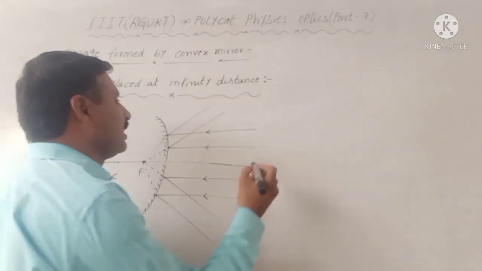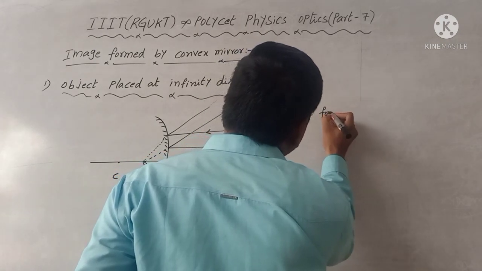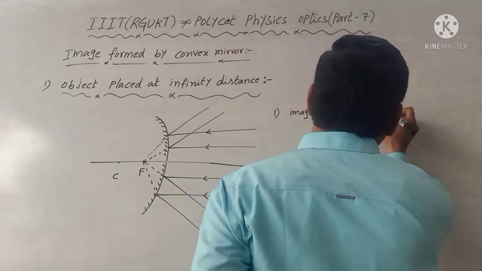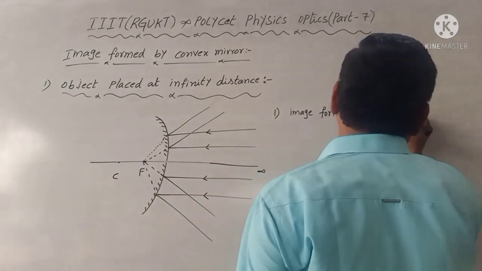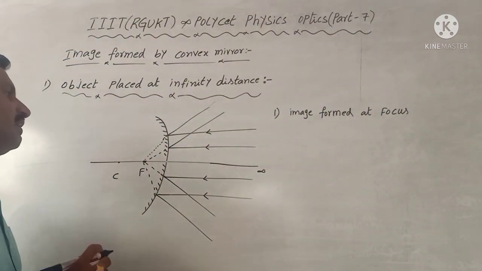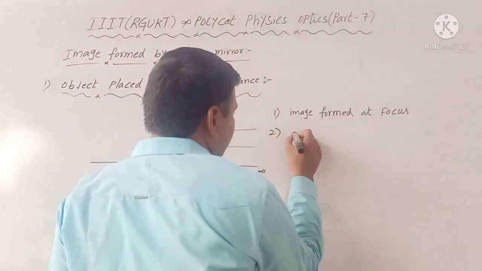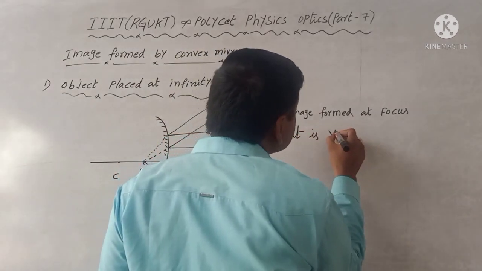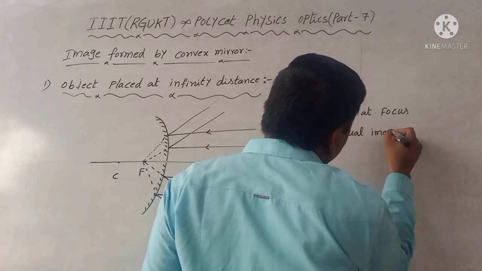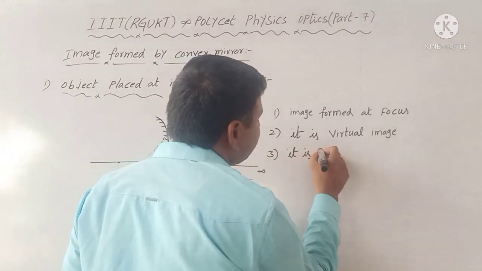So the image is formed. Where is the image formed? Image formed at the focus. Next, which type of image is it? It is a virtual image, and it is highly diminished.